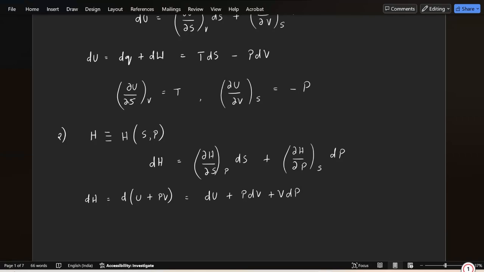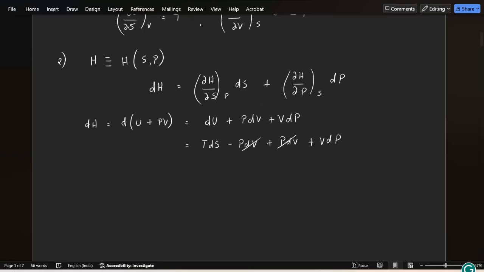Now what is dU? dU is nothing but TdS minus PdV, plus PdV plus VdP. So now these two can get cancelled. Therefore dH is equal to TdS plus VdP.